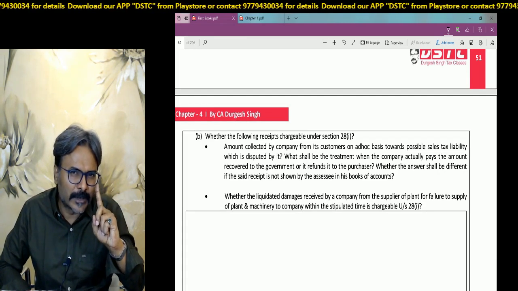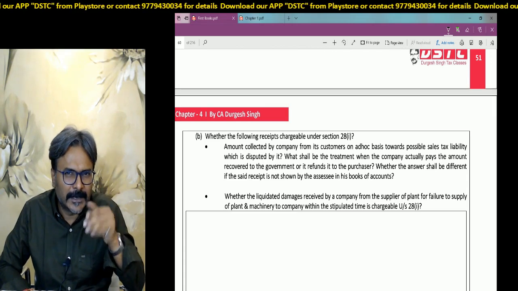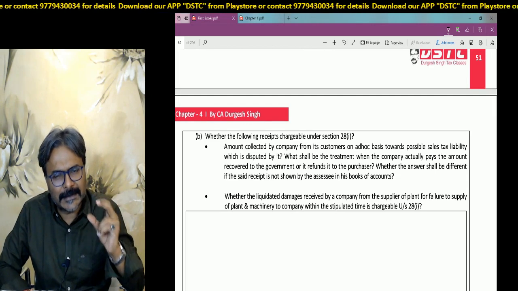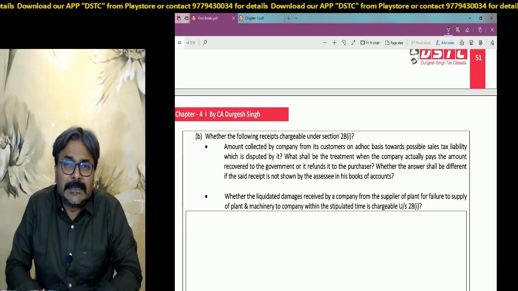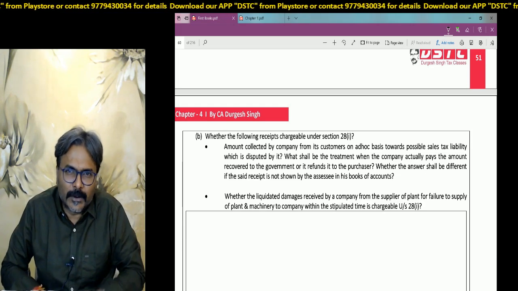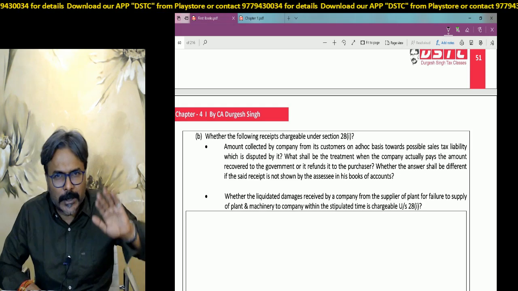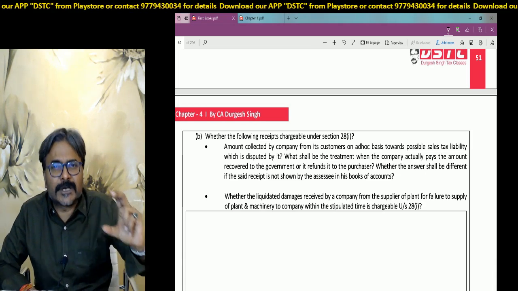Remember the definition of total income? Part 1: revenue receipt plus a specified capital receipt. The second was that this revenue receipt and specified capital receipt should also form part of the scope of the charge, which is in section number 5. That will give you the qualifying amount. So this part, students, talks about whether an amount is chargeable or not.